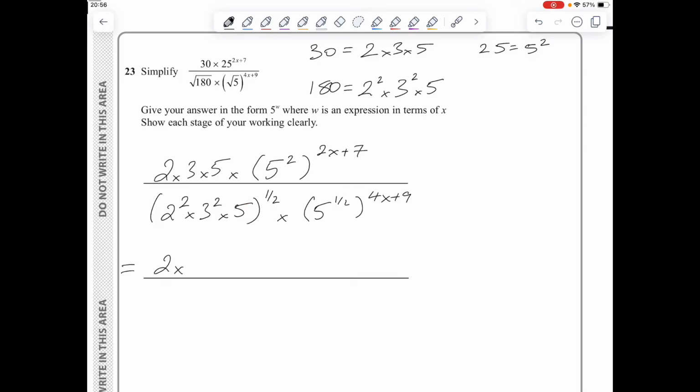So 2 times 3 times 5 times 5 to the 4x plus 14 over 2 to the 1 times 3 to the 1 times 5 to the half times 5 to the 2x plus 9 over 2.